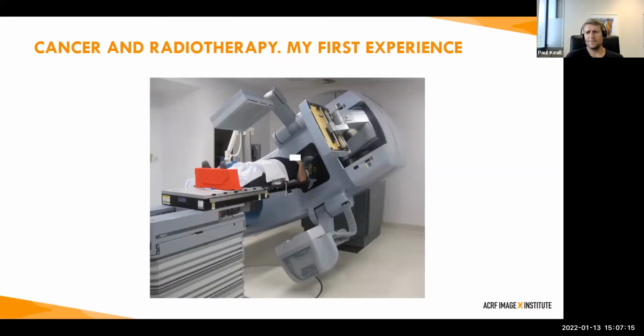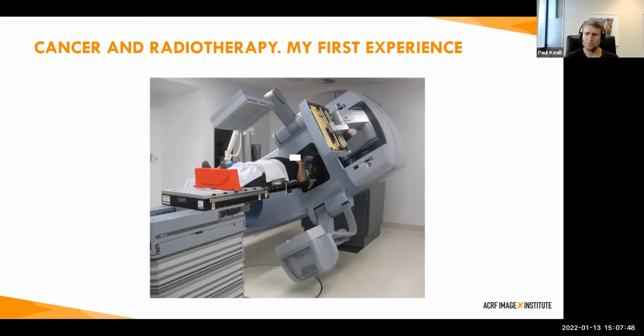My first experience, as mentioned, was as an undergraduate student, in Hamilton, New Zealand, and I walked into a room which looked very similar to what we have here. There wasn't a patient in the room at the time, but you walk through this maze. There are 6 feet, 1.5 meter concrete walls to shield the high energy radiation.